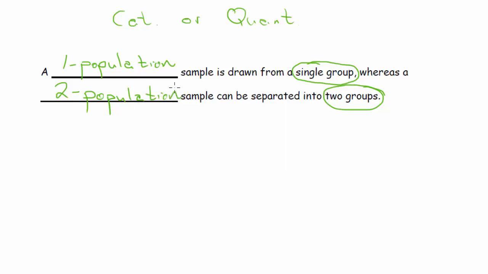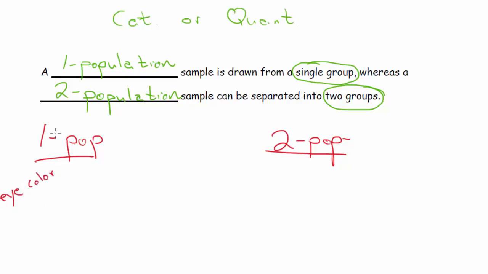So maybe if I look at any of the things we just collected, it could be one population versus two population. Let's say I have categorical data. I could look at eye color.